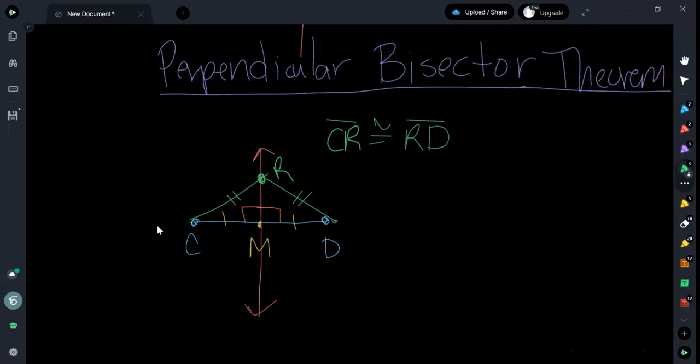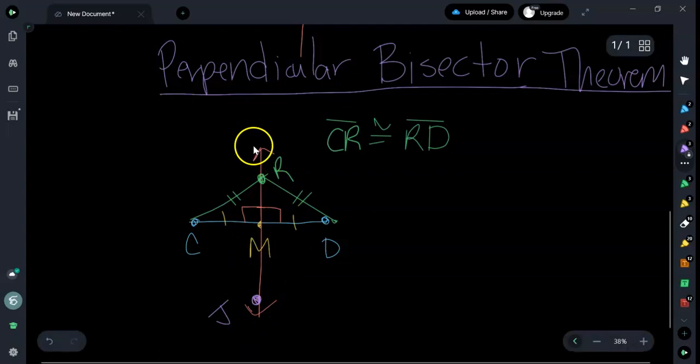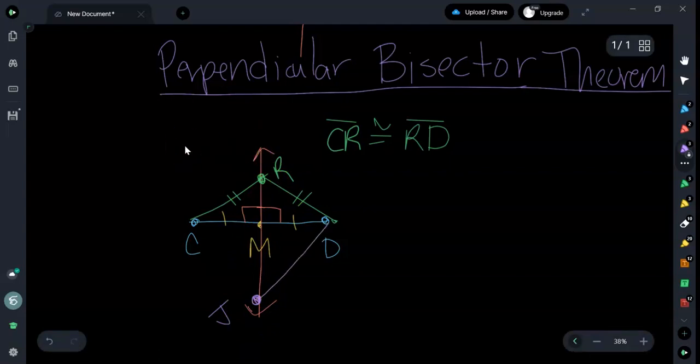By that token, any point I draw on the perpendicular bisector is also going to follow that pattern. So let's pick another one. Let's say I drew a point all the way down here. Let's call that point J. Since J is on the perpendicular bisector, J is the same distance from D as it is from C. So that means segment JC is congruent to segment JD.